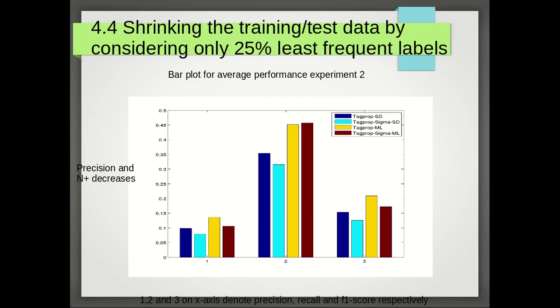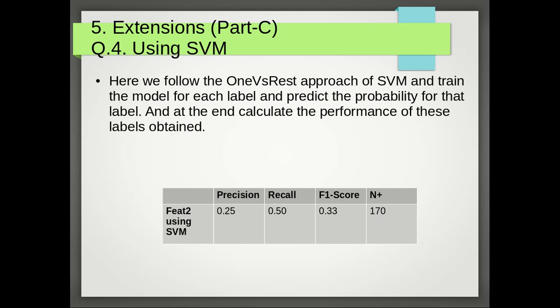For this we could say this is a very bad method, because those labels are very rare, and performing it on those labels only would perform badly, because we have a large set of data and those labels occur very infrequently. So here we could see that our precision and n plus both decrease, whereas our recall remains almost the same.